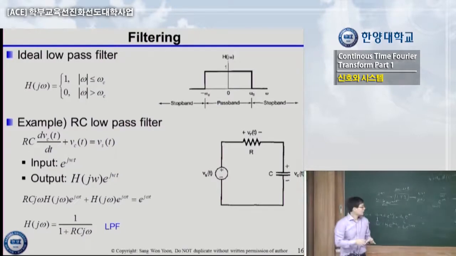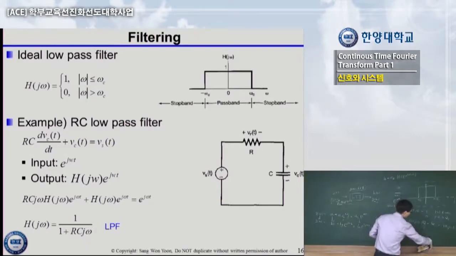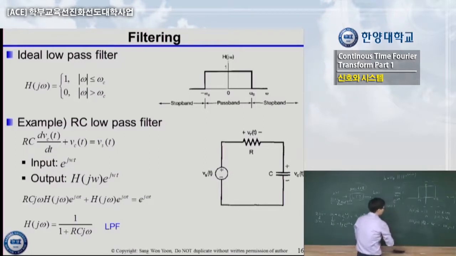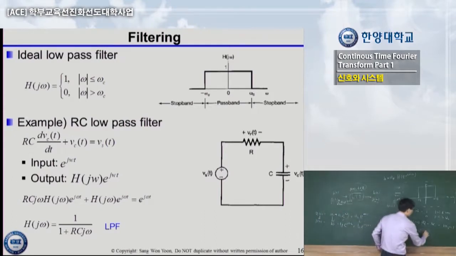So we already know bk, and the output will look like bk times exponential, and the summation of it. We only have one frequency component right here, so we will have H1 times exponential j omega t.